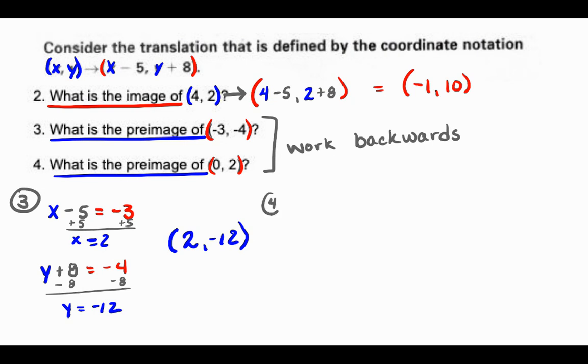Now, some people prefer to do a little more mental math, so you can think of it a little differently. So we can think of it kind of like we did problem 2. So we're going to start out with our point 0, 2, but this time when we do our calculations, we do the opposite operations.